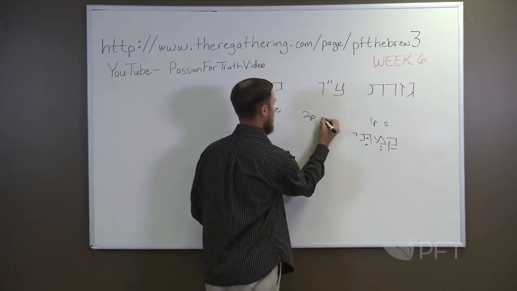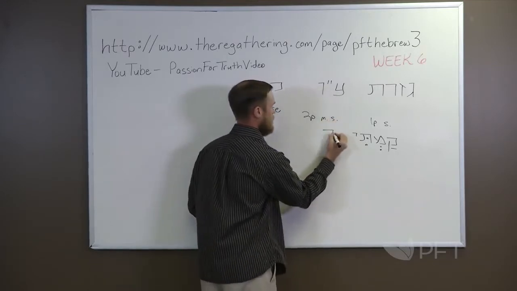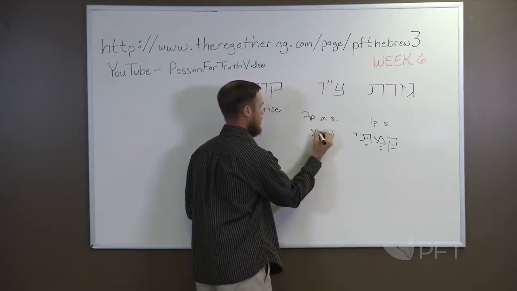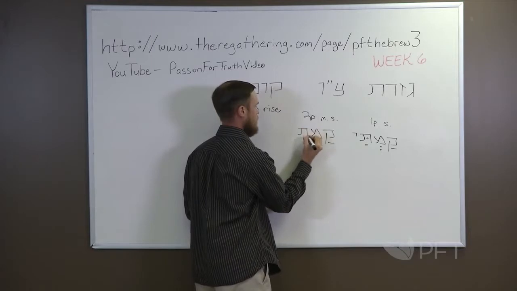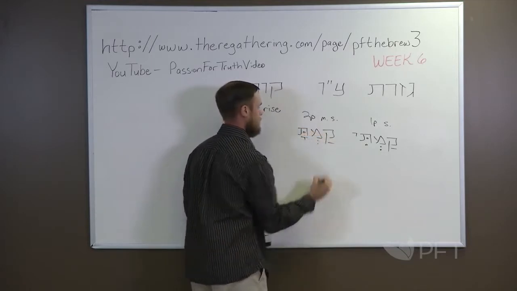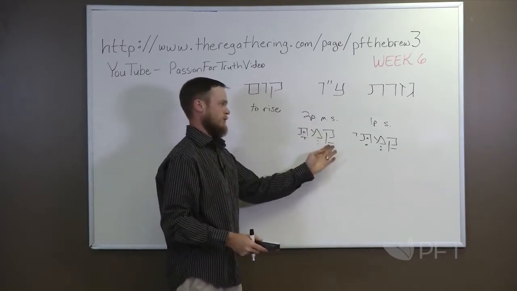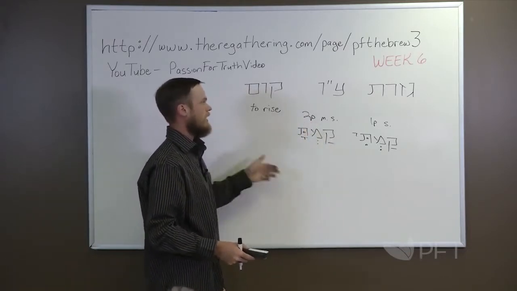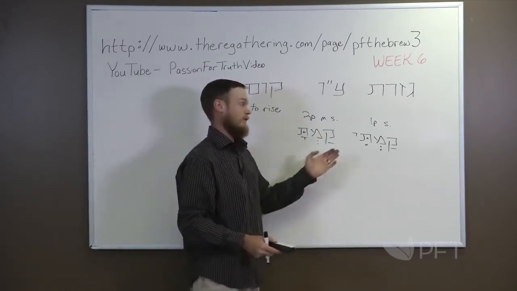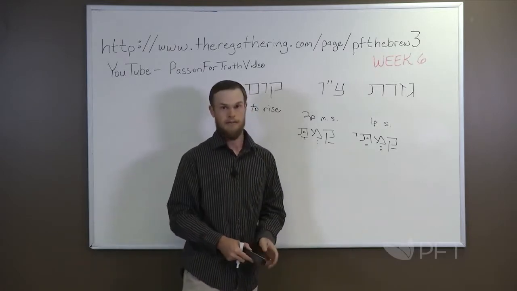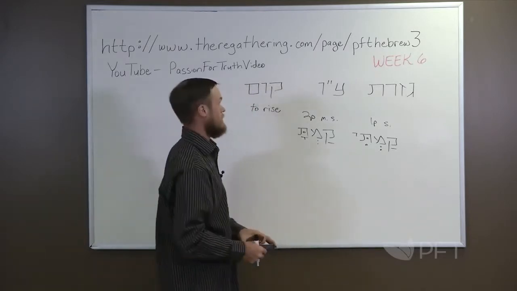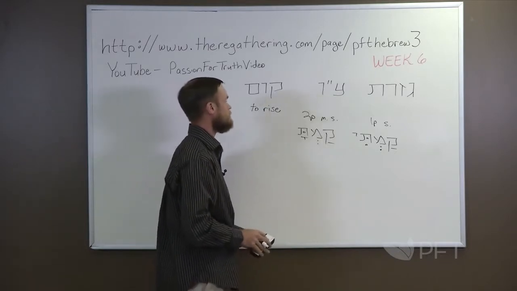Okay, the second person masculine singular, kam again with a patach, kam ta, and so on. Okay, so the first and second persons are vocalized with a patach, the third person with a kametz, and the endings all stay the same, and the vav disappears in the past tense. Okay, so that is the ayin vav past tense.